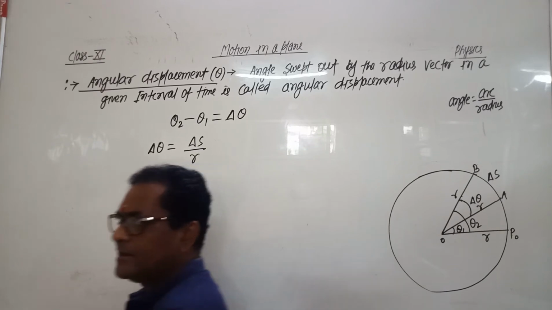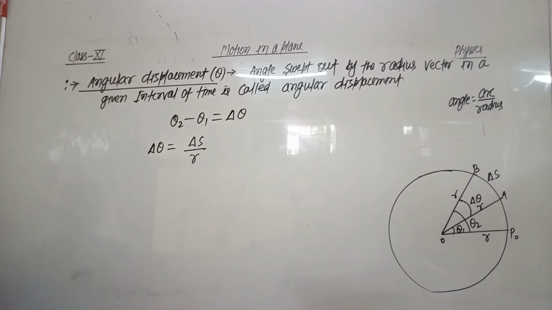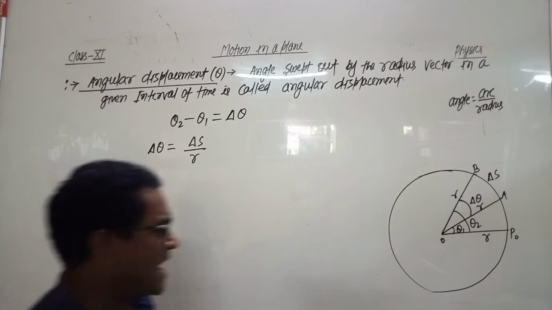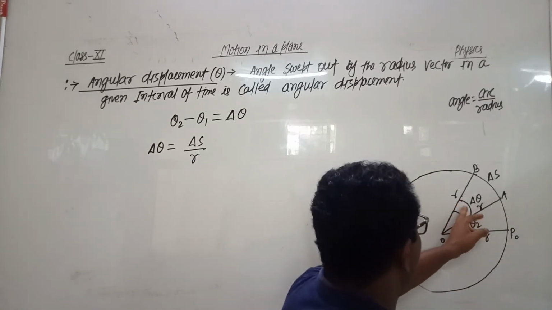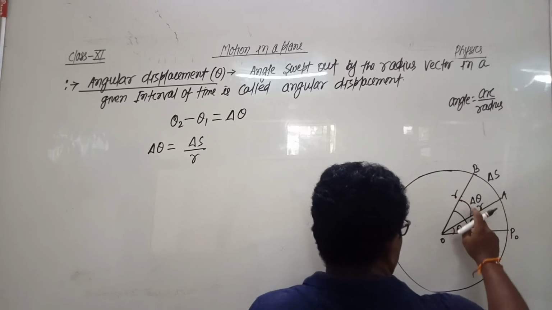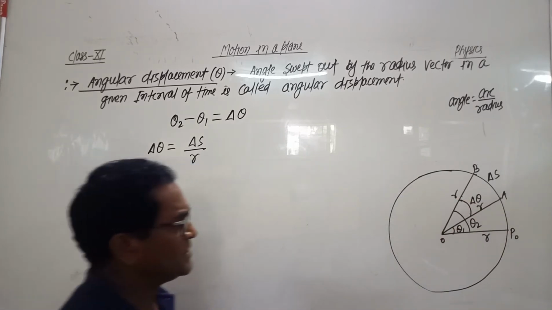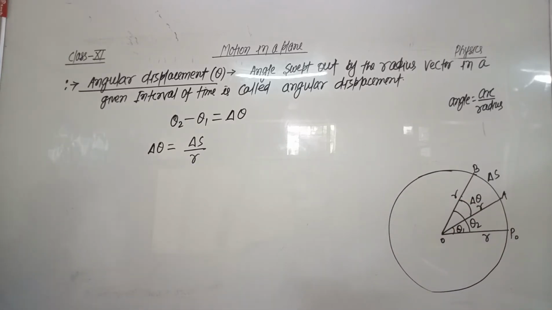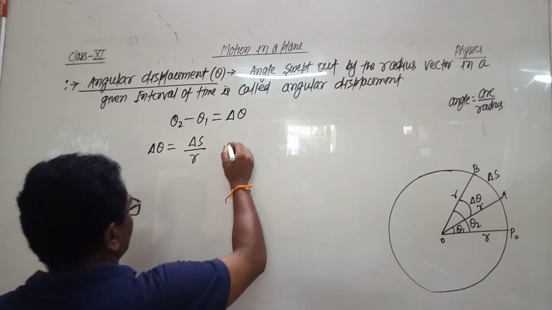So delta theta is called angular displacement, the angle swept out by the radius vector in a given interval of time, from time t1 to t2.